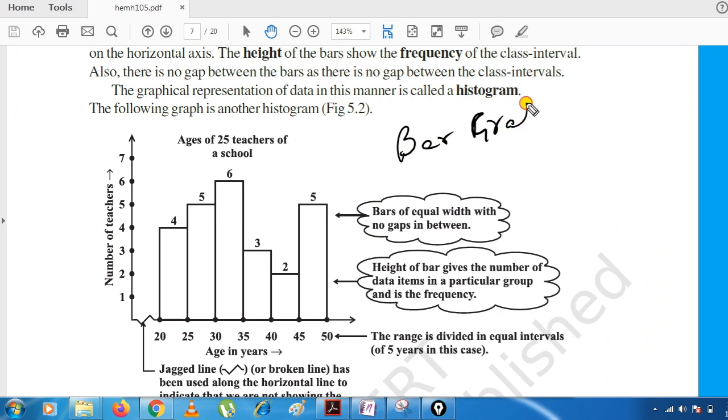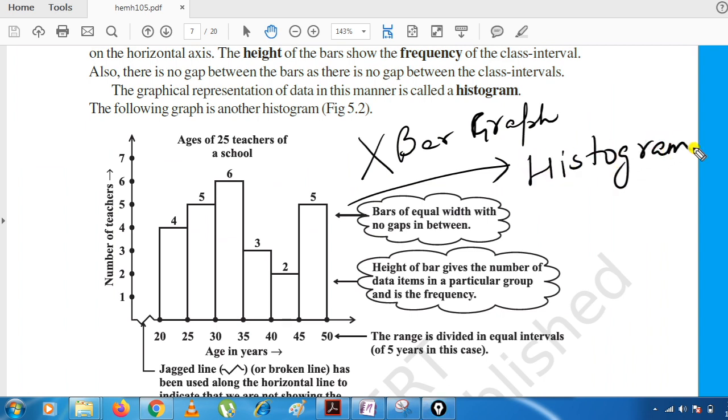Is this graph called a bar graph? The answer is no. This graph is not called a bar graph. This is called a histogram. Why is it called a histogram? Because you can see here this rectangle, and the very next rectangle. These two rectangles do not have any gap.